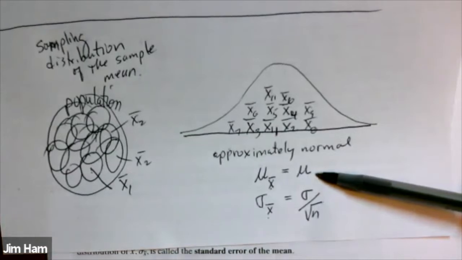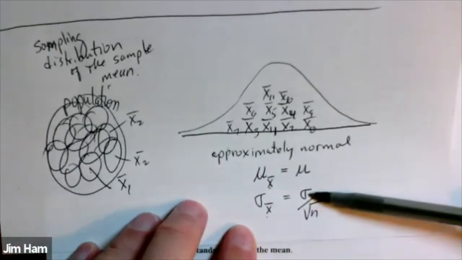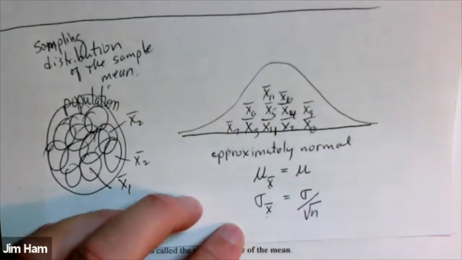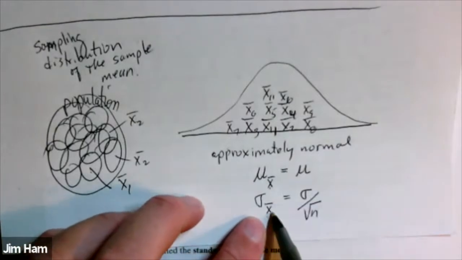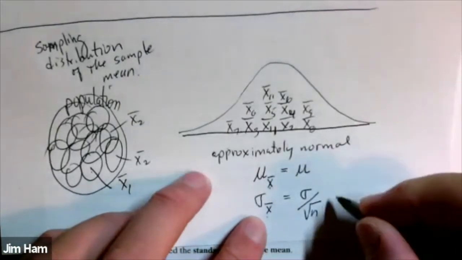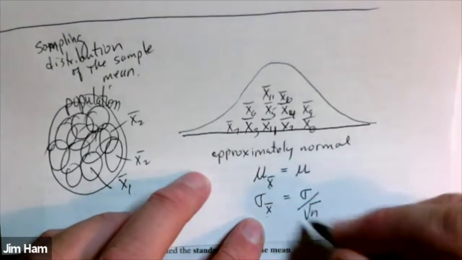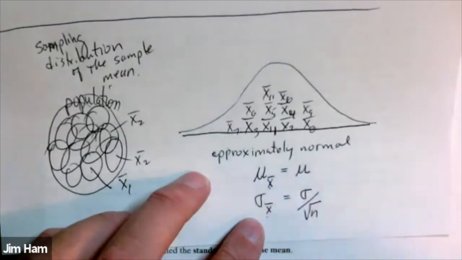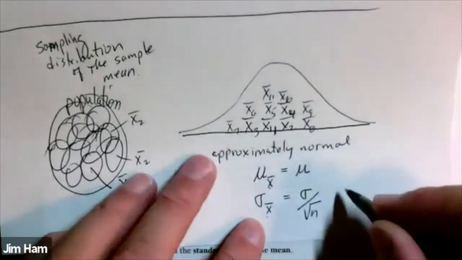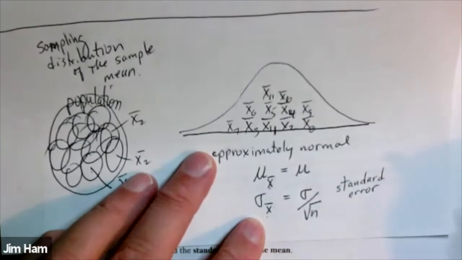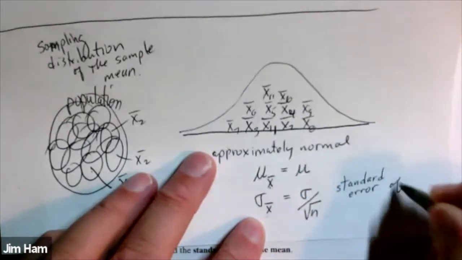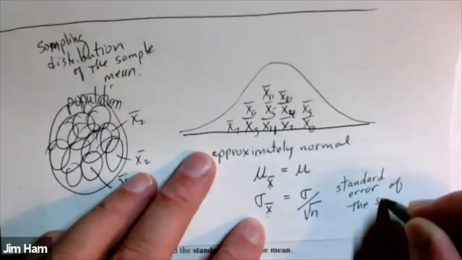The standard deviation is not the population standard deviation, but it's the standard deviation of the sampling distribution. And that's this number here. And then to distinguish this statistic from the standard deviation, we're going to call this the standard error. And it's the standard error in this case of the sample mean.